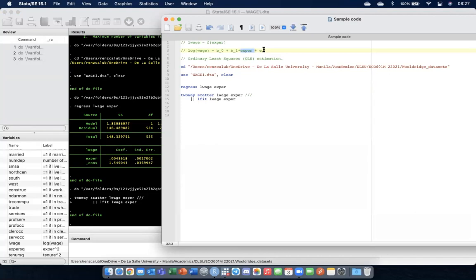Why does it matter, right? Zero conditional mean assumption matters because we want to have a precise measurement of the effect of experience on log of wage.